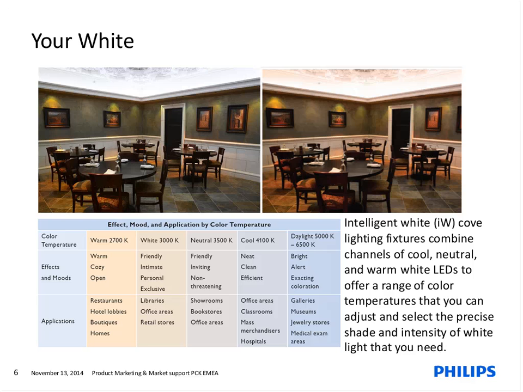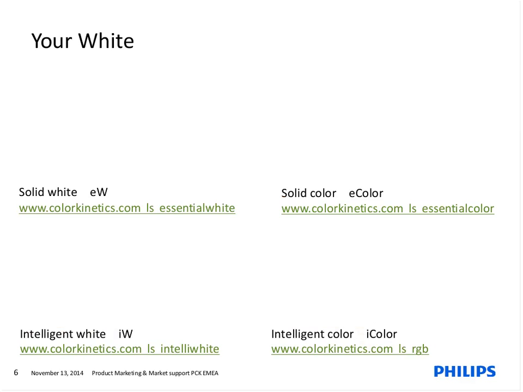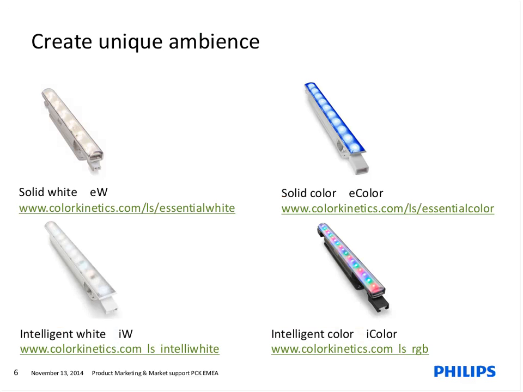So actually, in Philips Color Kinetics, we have a lot of different types of lighting fixtures, and you can choose a different type: intelligent color, solid color, or solid white.